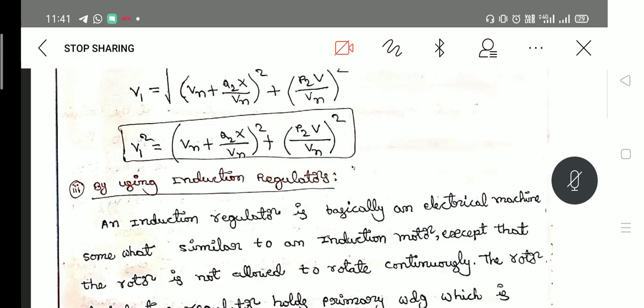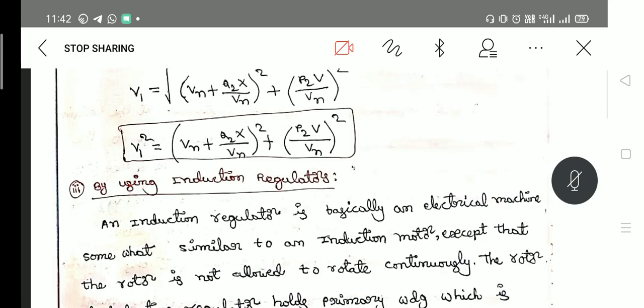Okay, the next topic is induction regulators. The induction regulator is the same as an induction motor except for the rotor connection. The rotor will not rotate continuously. The rotor of the induction regulator holds the primary winding, which is connected in parallel to the supply voltage.